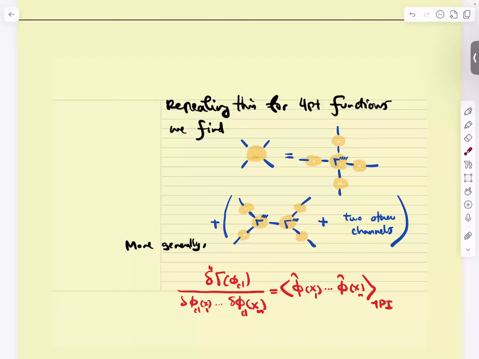Connected correlators, otherwise known as cumulants in the StatMech analogy, right? Connected ones. Now, if you take W of j, which is minus i log Z of j, and add to it, actually there's no i.